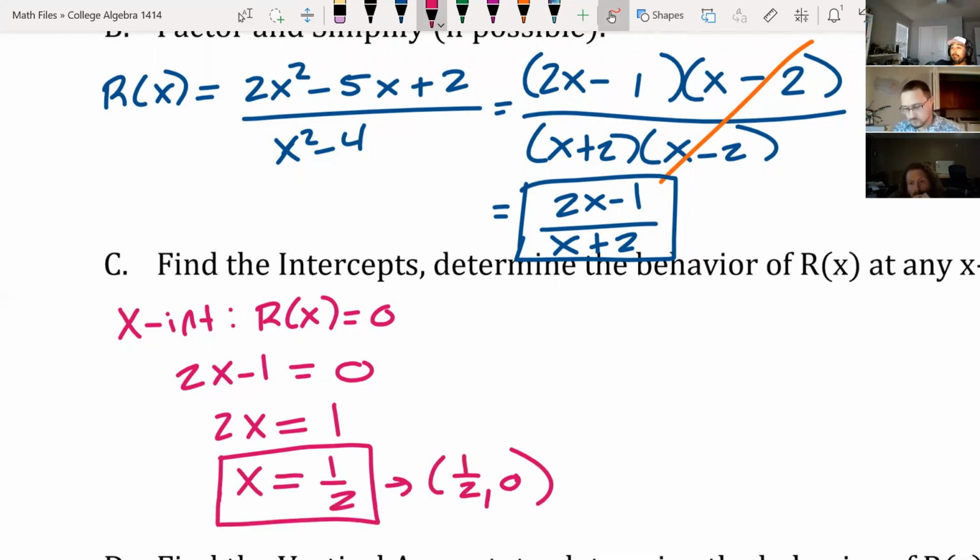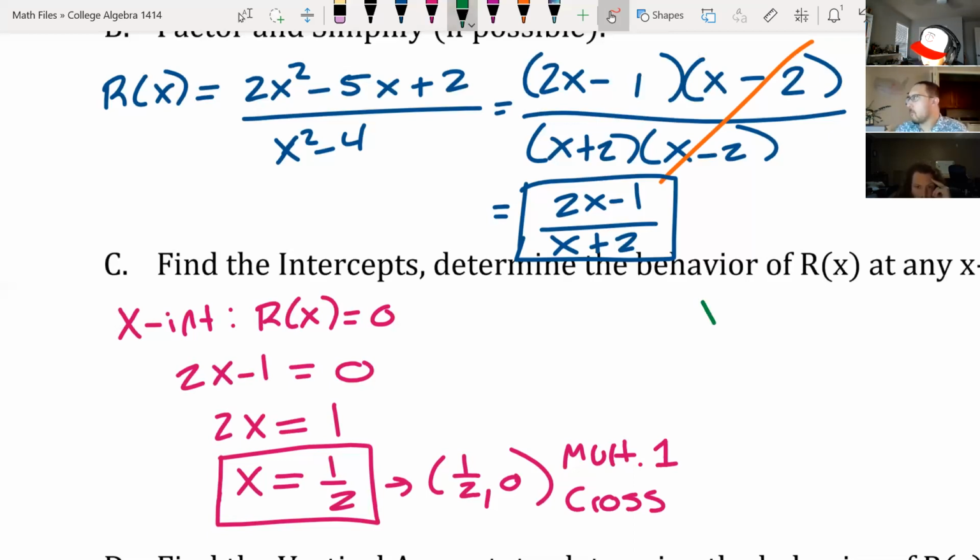Okay. Now, what is the multiplicity of our x-intercept? How many times does it show up? 1, which means our function will cross at this x-intercept. So we got x-intercept and behavior out of the way.